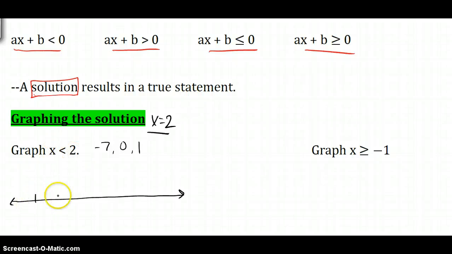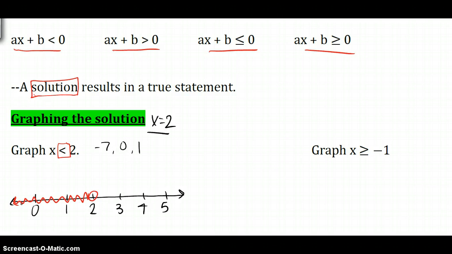So when we graph this, I would like you to go at least 2 numbers to the left and to the right when you graph these. We're going to have an open circle at 2 because of this less than sign. It cannot equal 2. So it has to be an open circle, and it's anything less than 2.